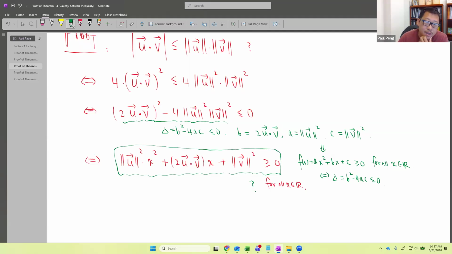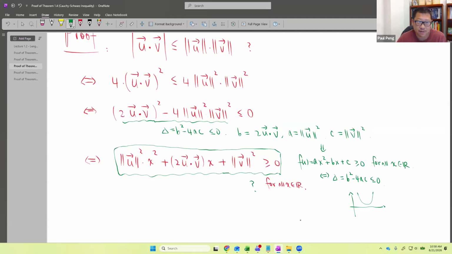So the original question we want to see from the beginning is the same as we have to prove this quadratic function, and because it opens up, because the delta is less than or equal to 0, the function should be up.